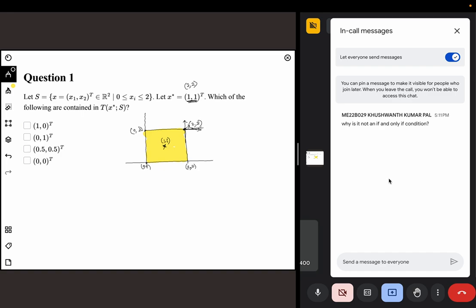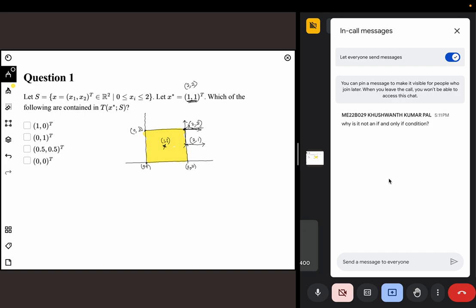Okay, let's take a point here, let's say something like (2,1), and (1,0) is something like this. It wouldn't be inside it, right? Whatever tau k you choose, it wouldn't go inside, right?